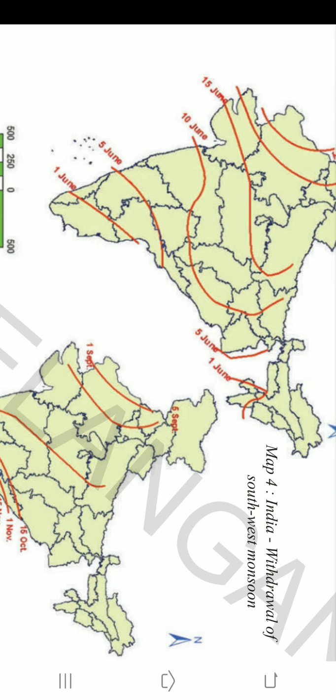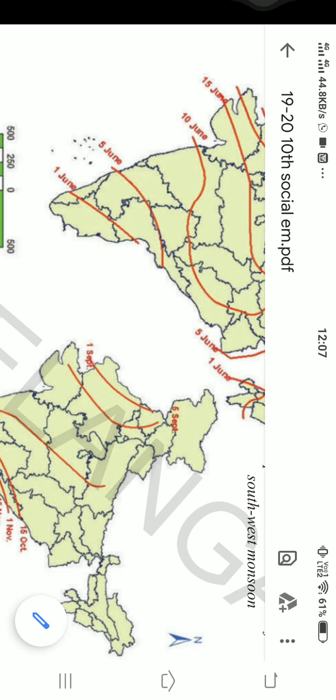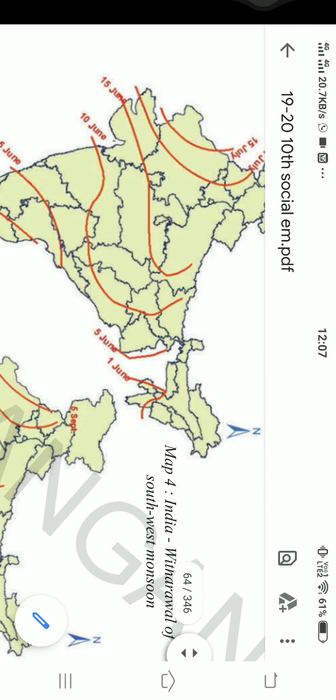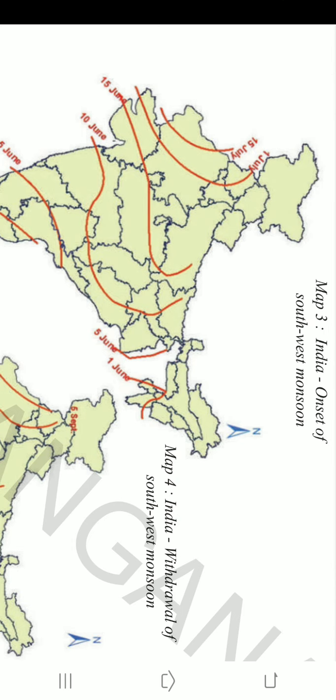And by June 5th, it touches Karnataka, Andhra Pradesh, and the southern part of Telangana. By June 10th, or almost June 12th or 15th, we see rainfall in our Telangana. That time our school starts, no? That is the reason.